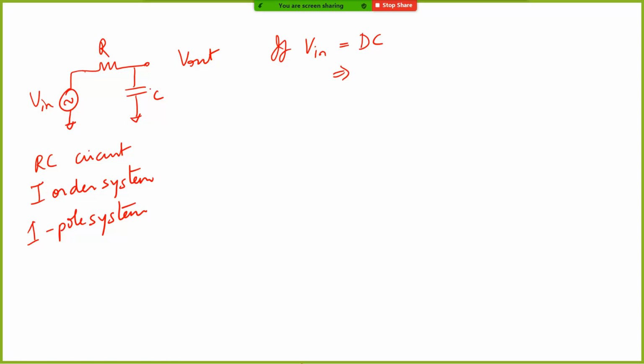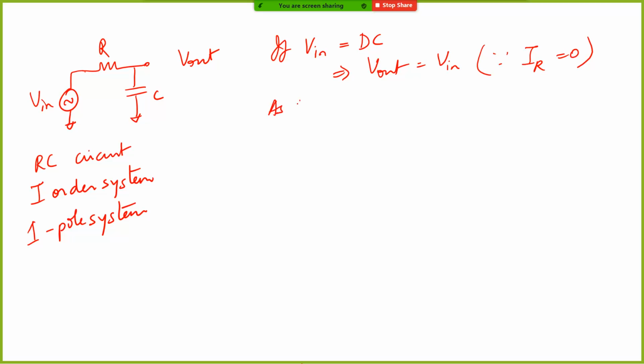So V out will be equal to V in because the current through R is 0. Why is IR 0? Because the capacitor is an open circuit at DC, and so if there is no current flow through R, V out will be equal to V in.